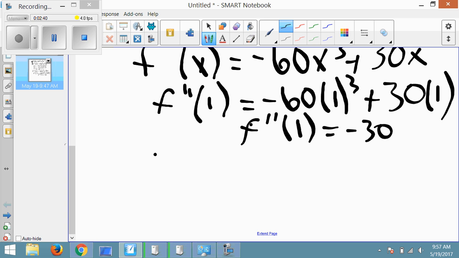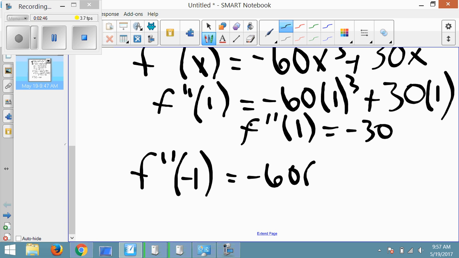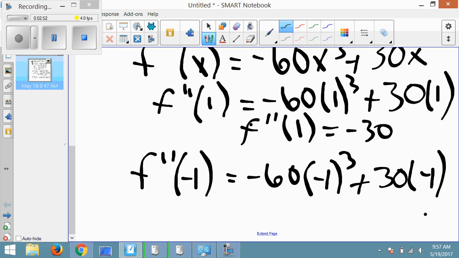Next we're going to do f double prime of negative 1, which is equal to negative 60 times negative 1 to the third plus 30 times negative 1. This is going to lead us to f double prime of negative 1 equaling 30.